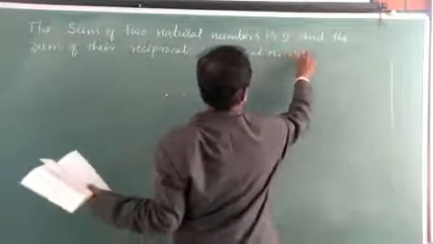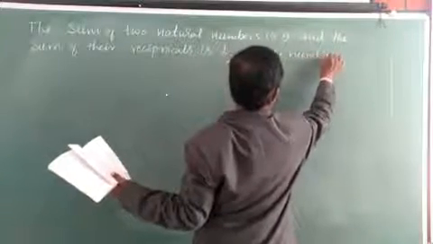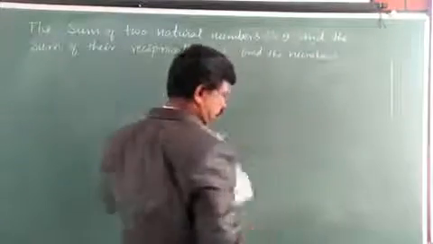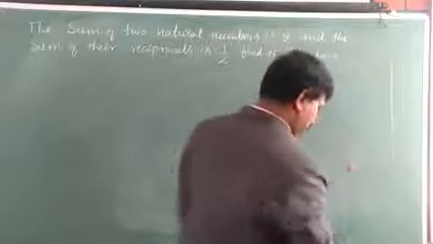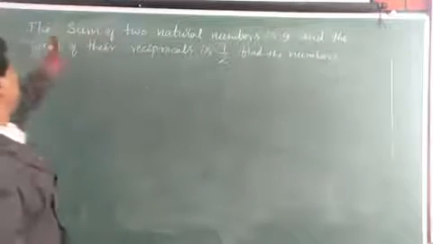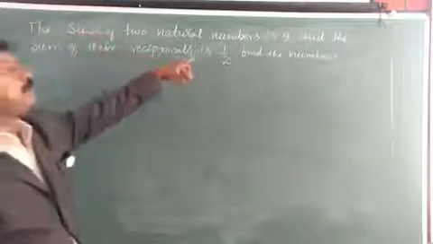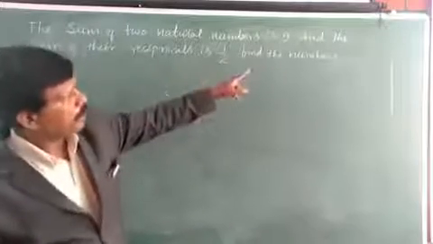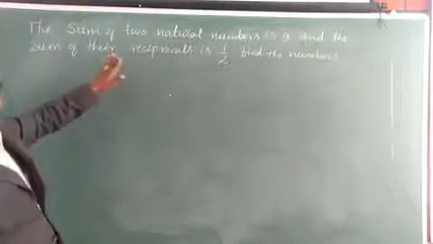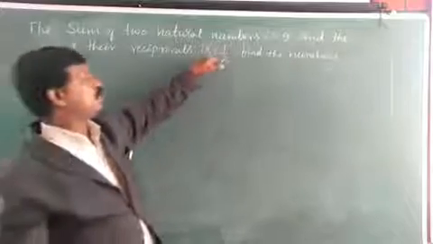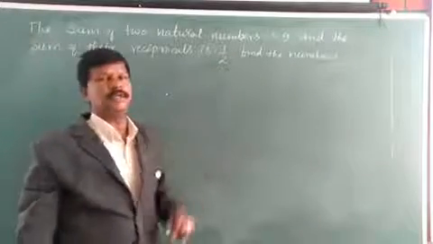Find the numbers. Now say this. The sum of two natural numbers is 9, and the sum of their reciprocals is 1 by 2. Find the numbers.